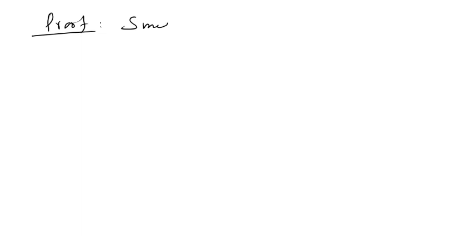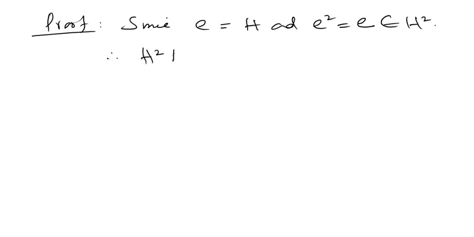Since e belongs to H and e square is equal to e, it belongs to H square, so therefore H square intersection H is non-empty.